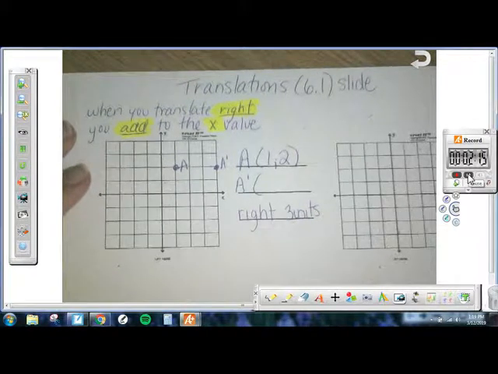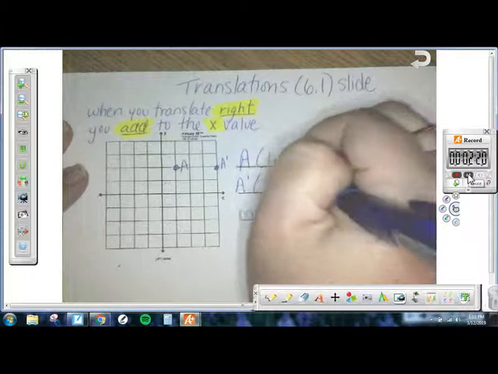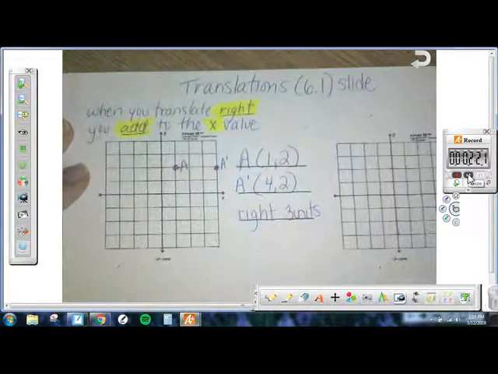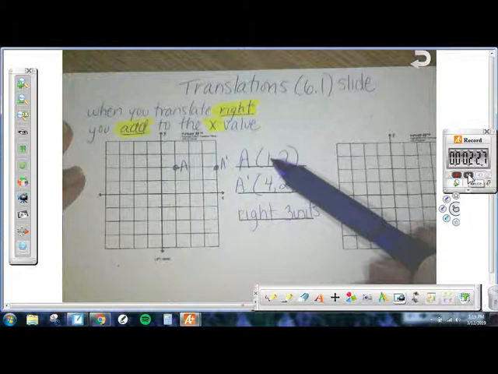So move 3 left. So I draw my original point. This is point A. 1, 2, point A. Now I'm going to take that point A and I'm going to move 3 to the left. 1, 2, 3. This is now my A prime.